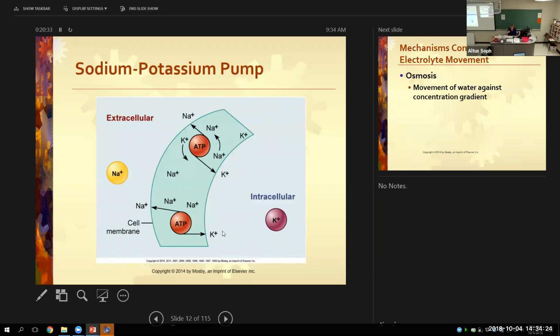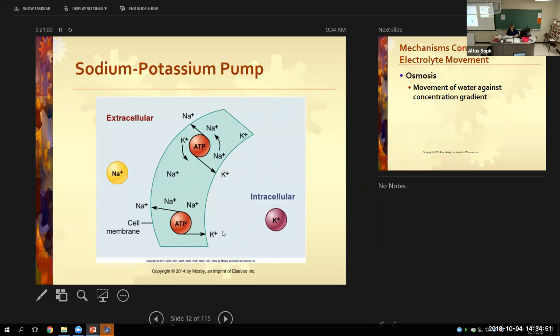So these are just different ways that fluids and electrolytes are moving in our body. We have simple diffusion. We have facilitated diffusion. We have active transport. Now we're going to talk a little bit about osmosis. Osmosis is important to understand, especially when you're thinking about what type of IV fluids are hanging for my patient. Is it an isotonic solution of sodium chloride 0.9%?